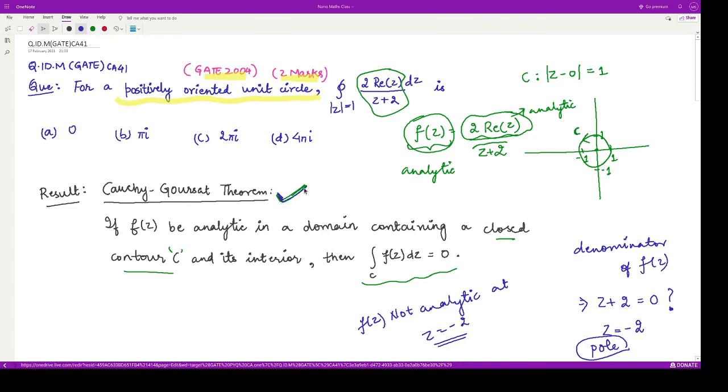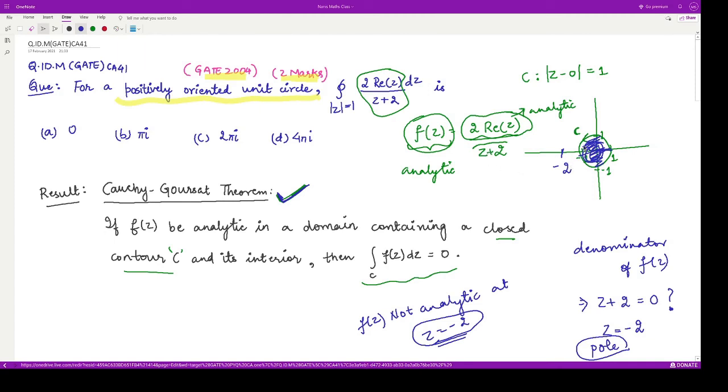So in order to apply this particular result, we have to check whether this point z = -2 belongs to our given region, that is the inside of the circle, or not. Now you clearly see, because the radius of this circle is 1 and it is centered at the origin, this point z = -2 lies outside this circle.